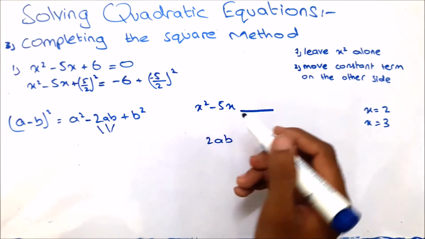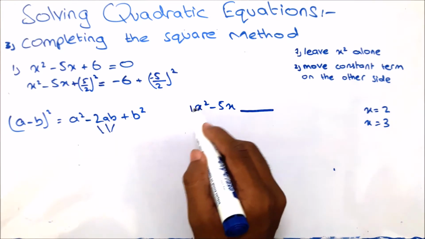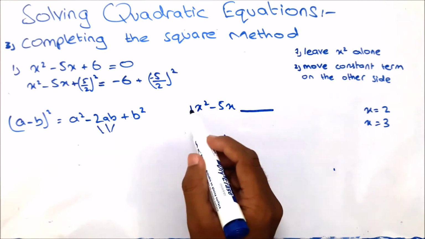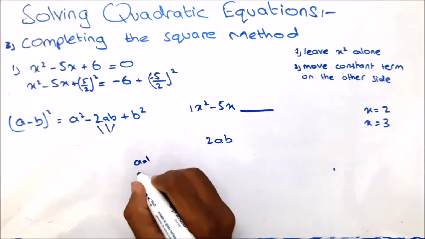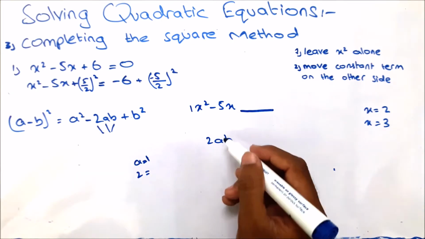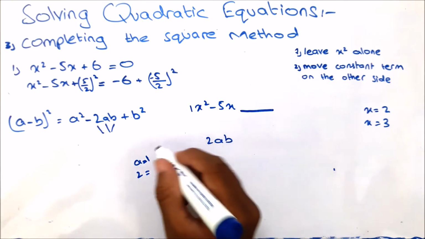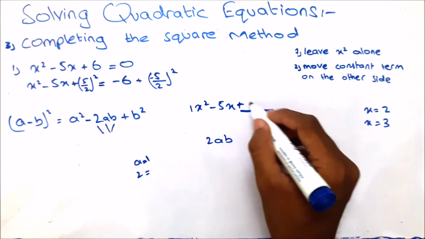So how do we get b? We know we have a over here. A is 1 because the coefficient is 1 over here. So our a is 1. This is being multiplied by 2, and we need b to write it over here, plus b. We do not have this b.